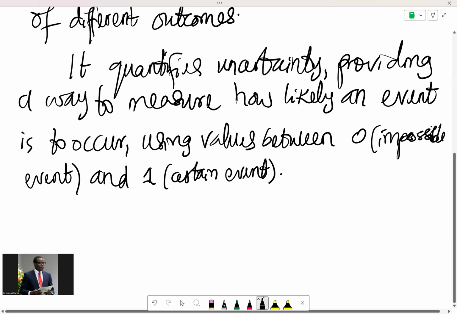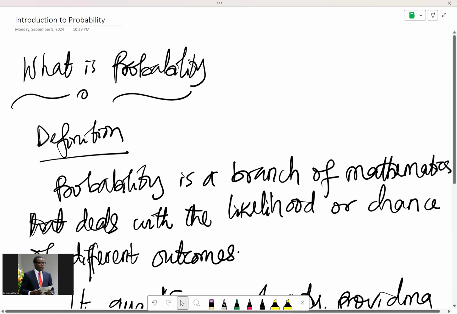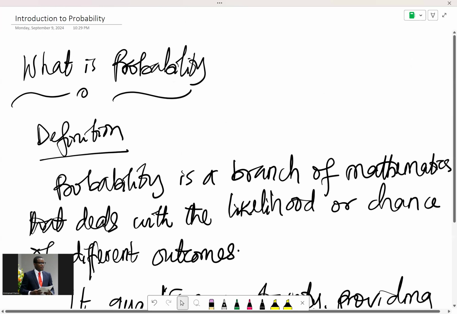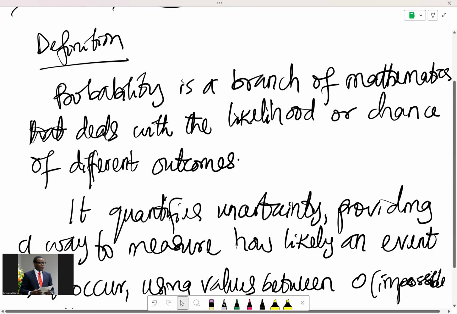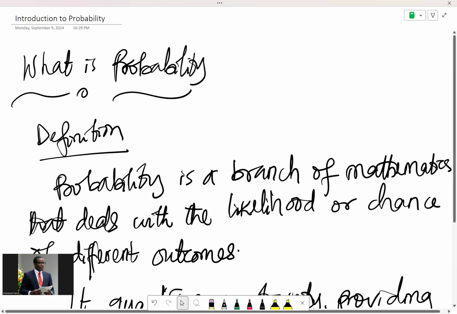For instance, what is the probability that next month is December? Currently, as you can see on my screen here, for my location, today is Monday, September 9th, 2024, 10:29 p.m. So the probability that tomorrow is Tuesday is one, sure. Nothing can change it.